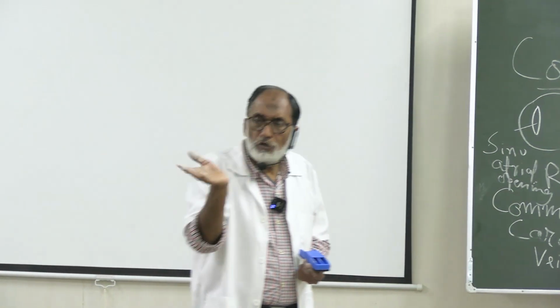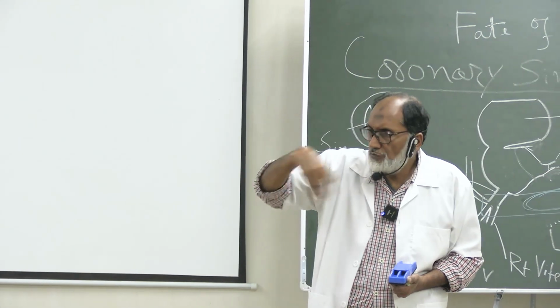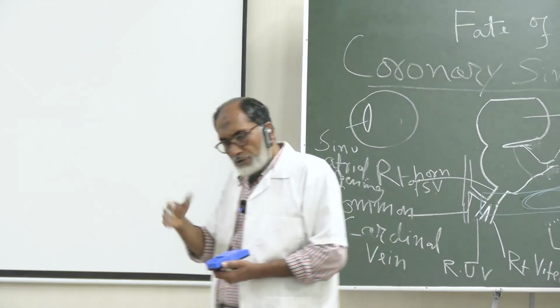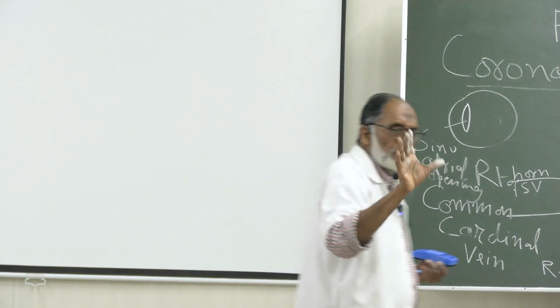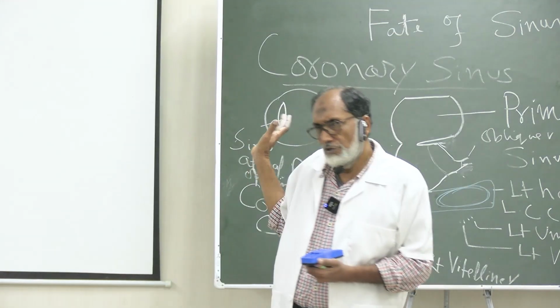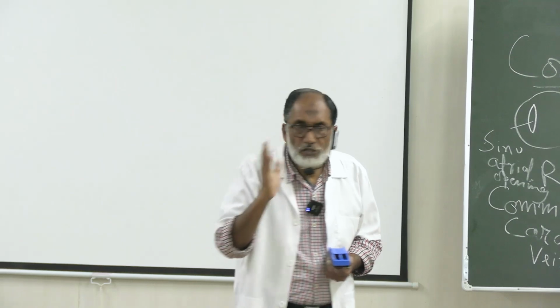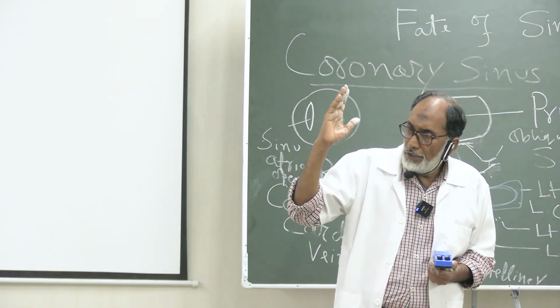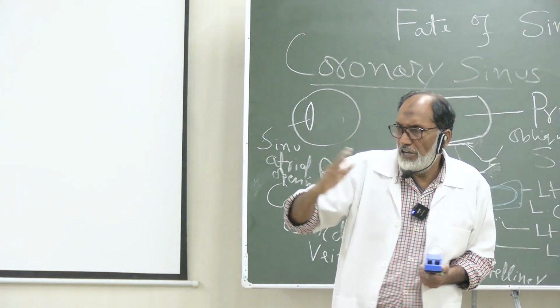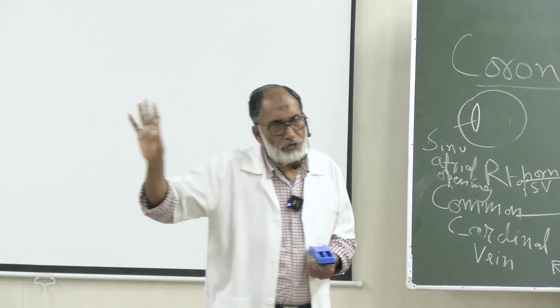Before that, up to the second week, it was nourished by the process of diffusion. But due to the increased demand, during the third week, a separate vascular system was developed. Right? Septation actually starts from the 4th to 8 weeks. Within 8 weeks, all septation will be completed.